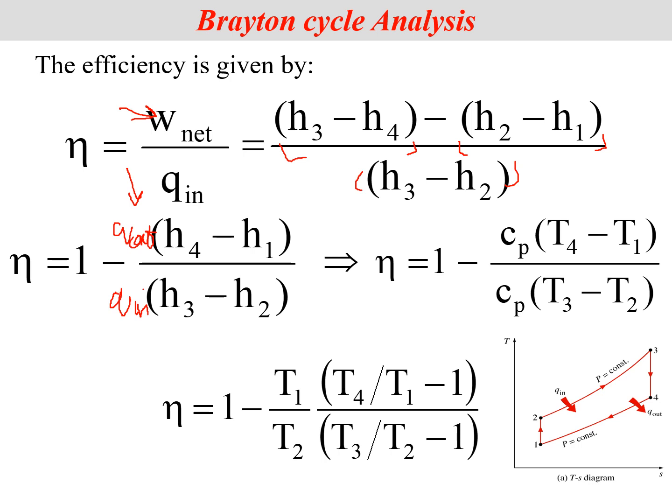And now the next step assumes this CP is constant. Realistically we know that this is not the case, where this temperature can vary from above 300 to 700 Kelvin, and you know that CP changes a lot between these temperatures.